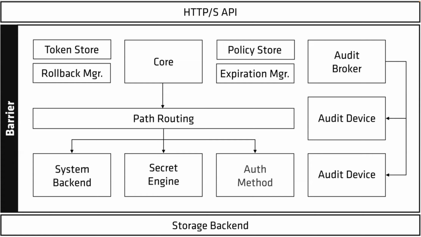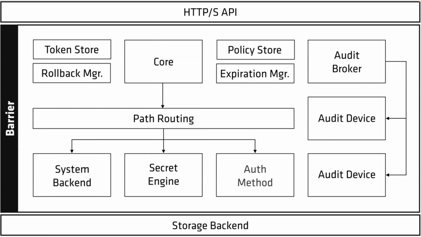Path routing can be done for authentication too, and also for getting system information. The primary objective of path routing is getting the secret from the secret engine.